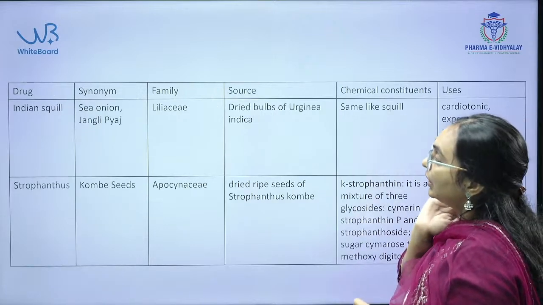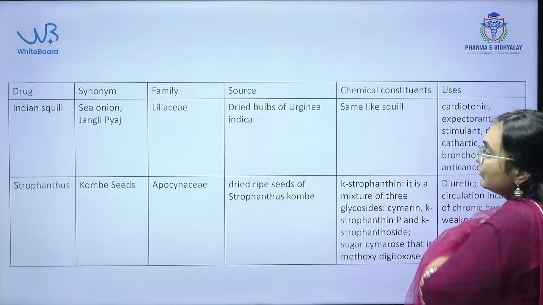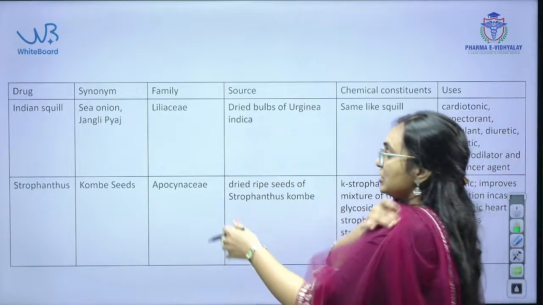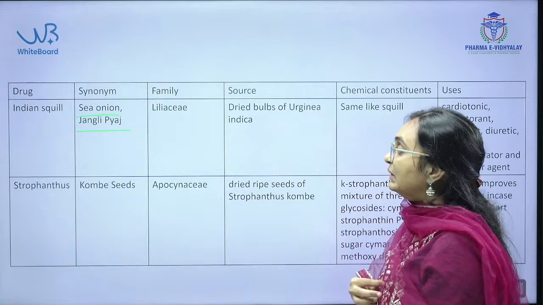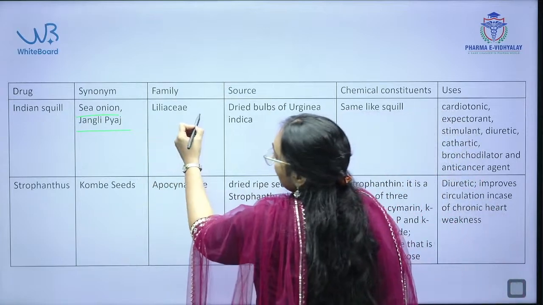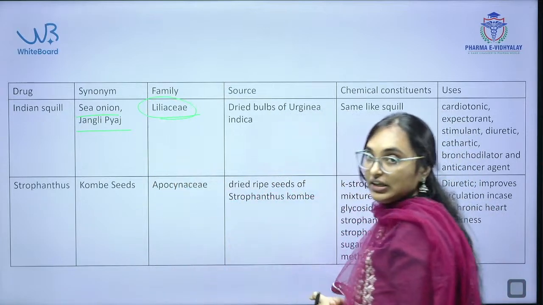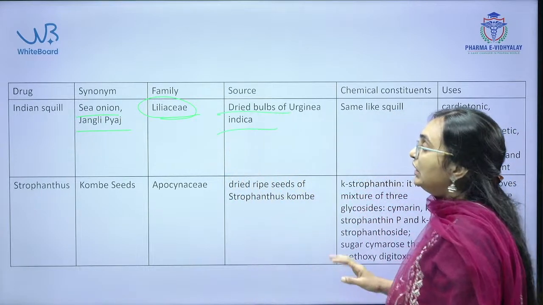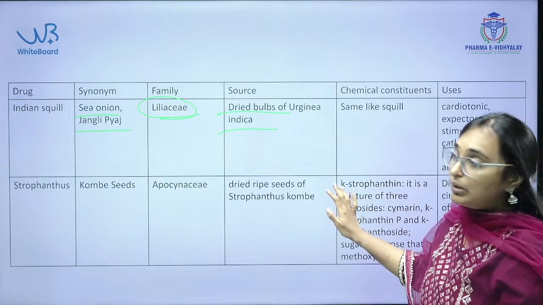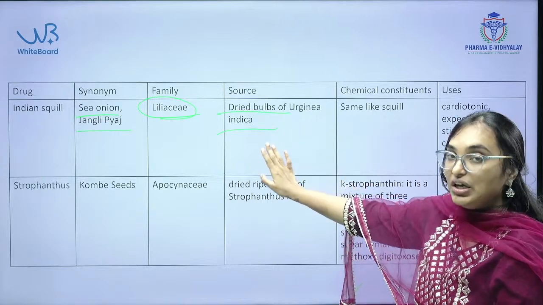Next, Indian squill. Indian squill is also called sea onion, and belongs to the family Liliaceae, the dried bulbs of Urginea indica. European squill is Urginea maritima, Indian squill is Urginea indica.